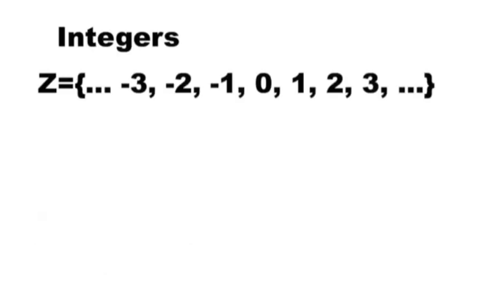Above the whole numbers are the integers. The integers, represented by capital Z as in Zebra, start from negative infinity to positive infinity, such as -3, -2, -1, 0, 1, 2, 3, and so on. Negative numbers are numbers below 0. 0 is the center of the integers.